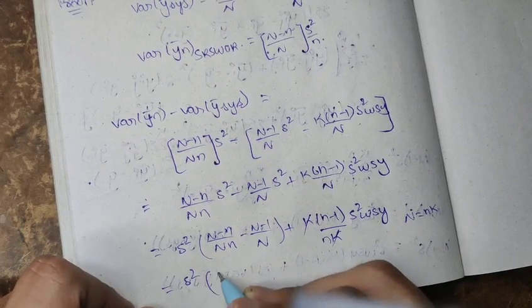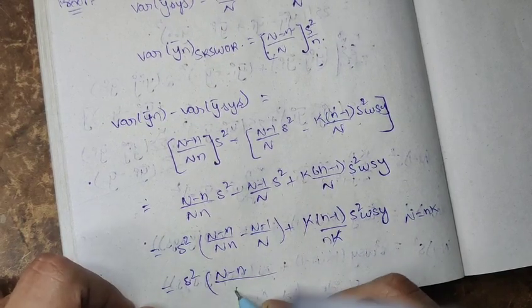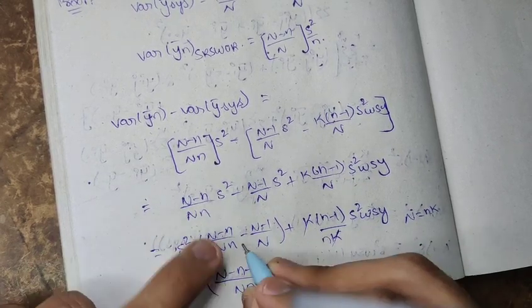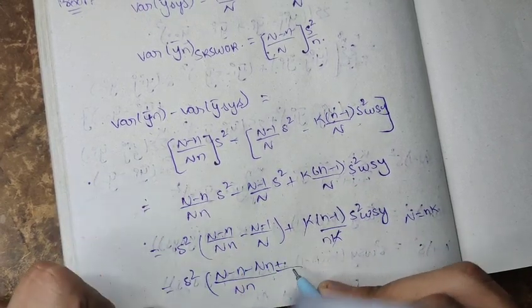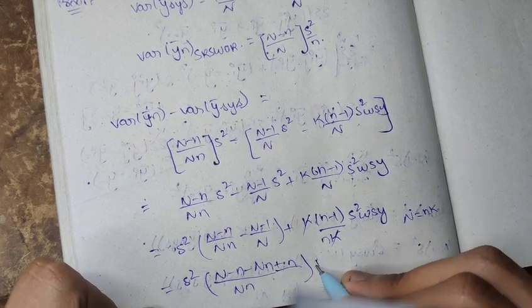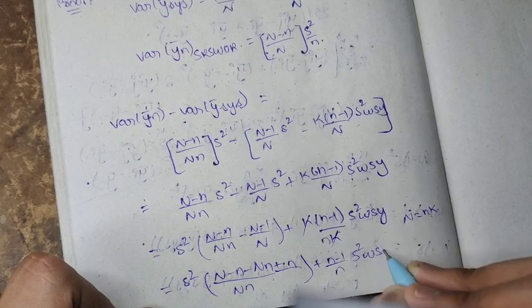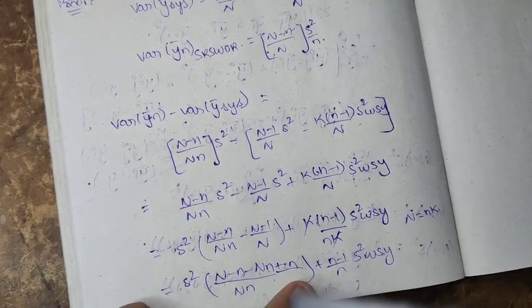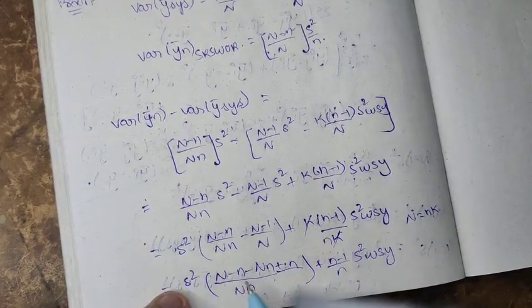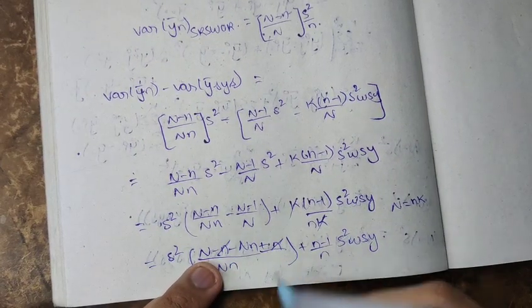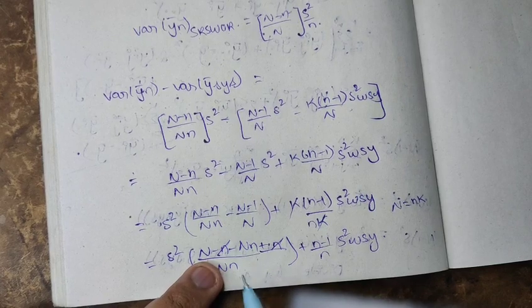S square, (n minus n) by n into n minus, this will become n plus small n plus (n minus 1) by n s square WSY. And then we can see that we can cancel this term out. You can cancel both these terms.